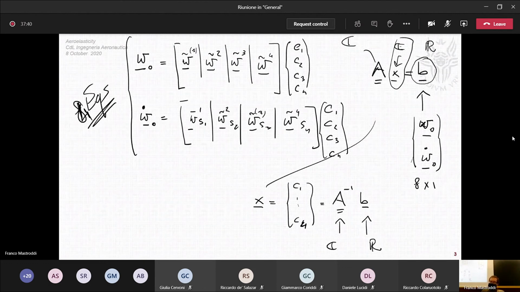So C2 should be the complex conjugate of C1, and C4 will again appear as the complex conjugate of C3. Okay?